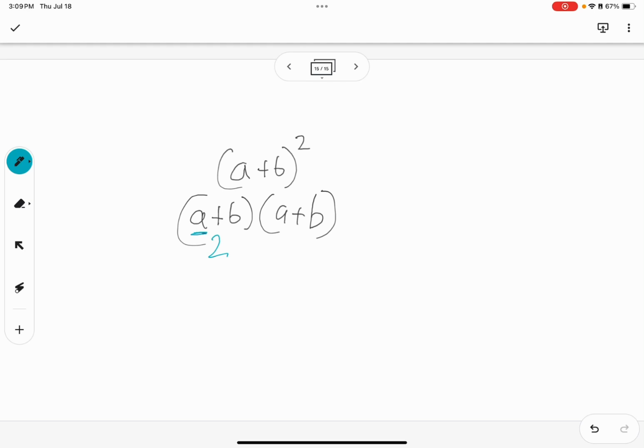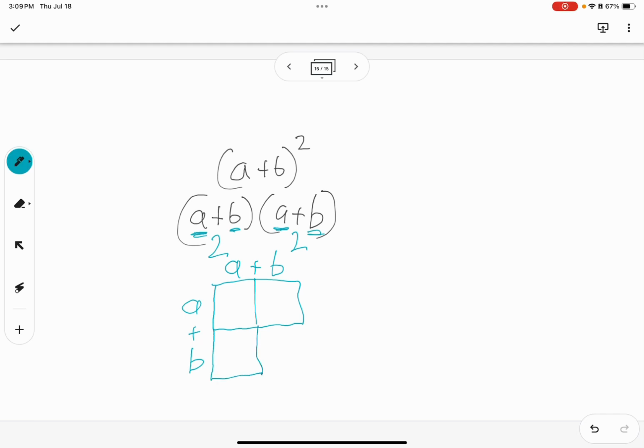We've got this term and this term. So we're going to draw a box with two boxes, one for each term. We're going to put A plus B. And then here we also have two terms. So we're going to write A plus B as well.